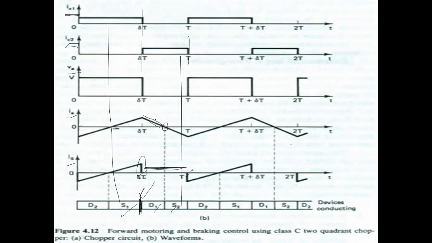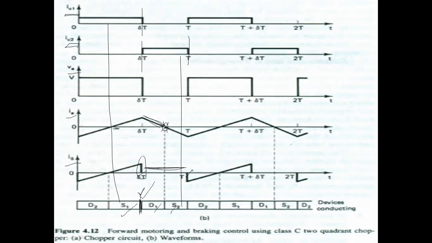But when the armature current decreases and reaches 0, the back EMF pushes the current to flow through S2 in the reverse direction. So it does not allow IA to be equal to 0, and prevents the armature current from staying at the 0 value for a finite time.